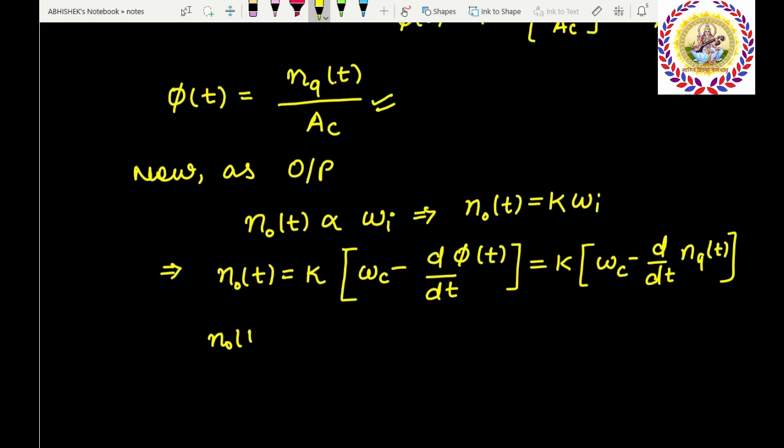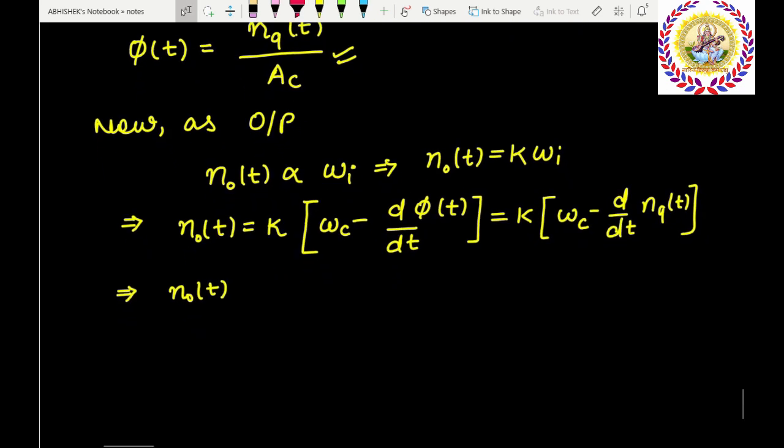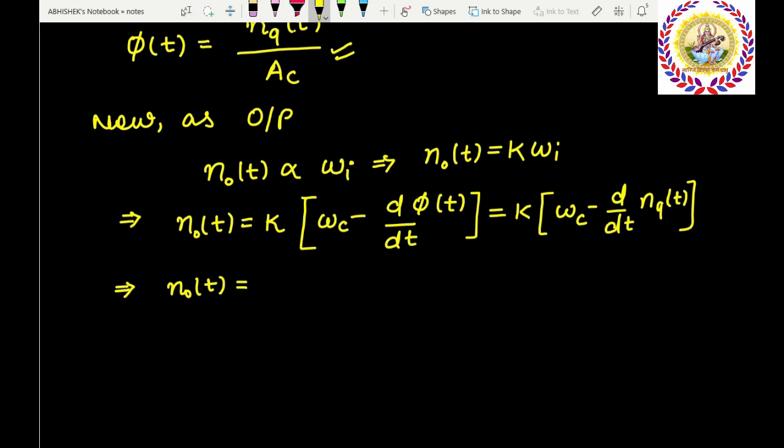So n naught t is equal to k of omega c minus, AC is remaining. Okay, then come to the expression. It is minus 1 upon AC d by dt nqt.